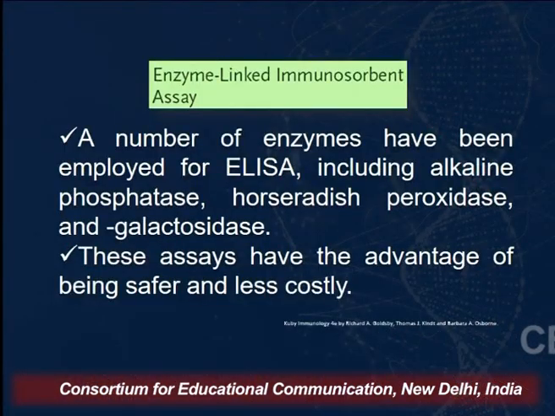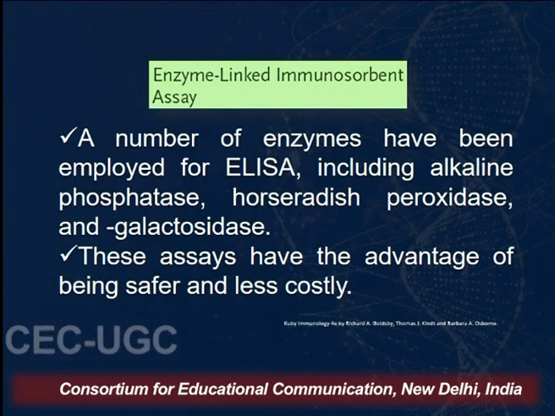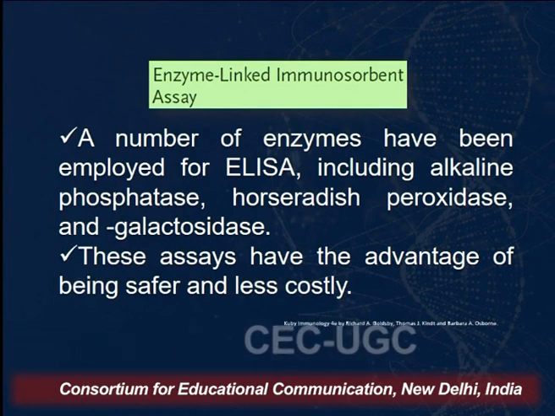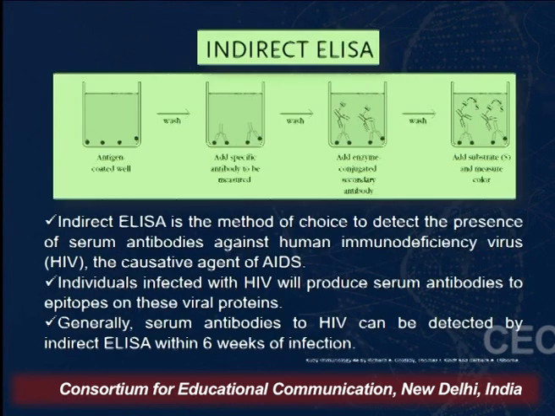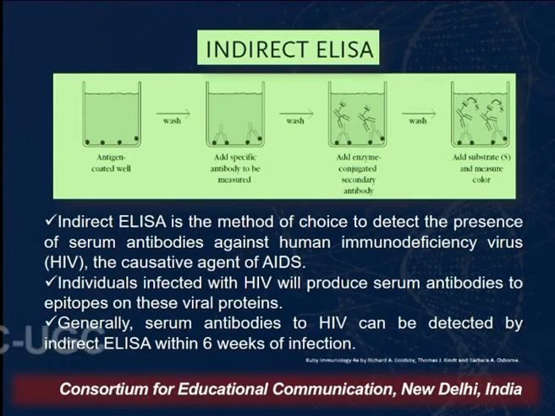A number of enzymes were used in ELISA, including alkaline phosphatase, horseradish peroxidase, and galactosidase, and this technique had certain advantages over RIA because it was safer and less costly also.